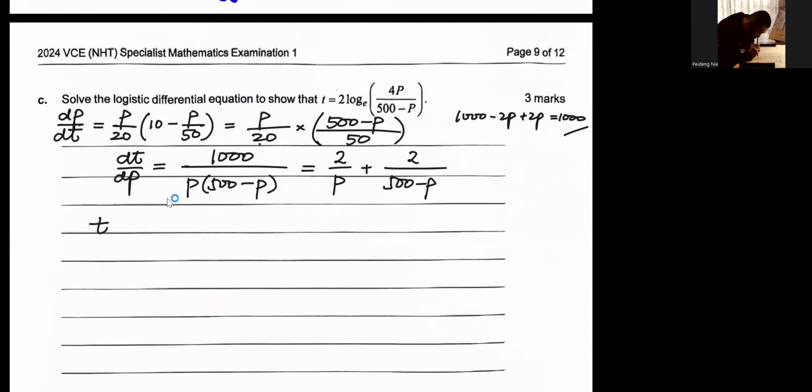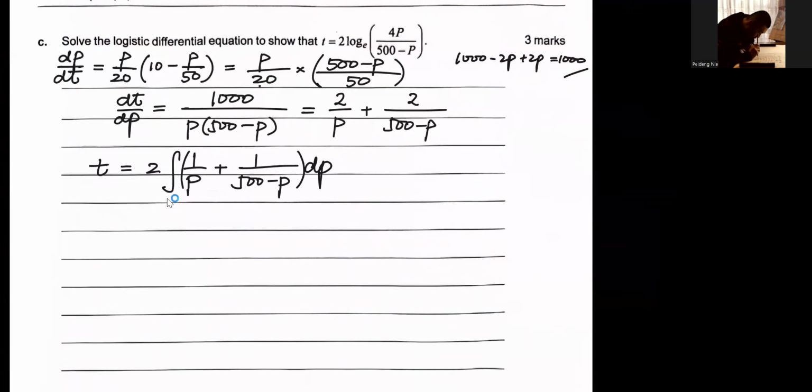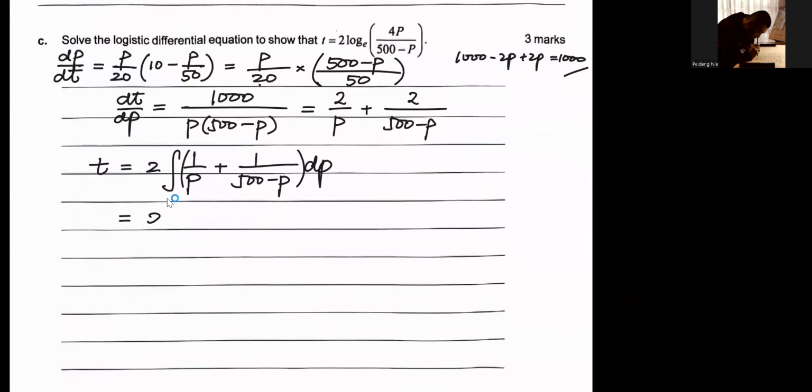So t equals 2 lots of integration of 1 over P plus 1 over (500 minus P) dP. In this case, I take a common factor out, 2 out, and integrate both sides. So I should be able to get 2 log e of P minus log e of (500 minus P), add C.